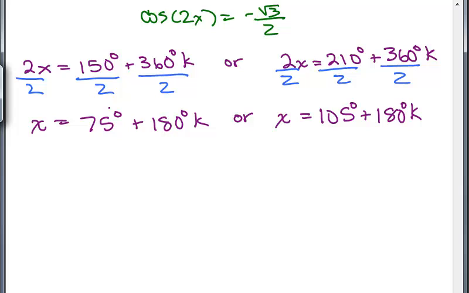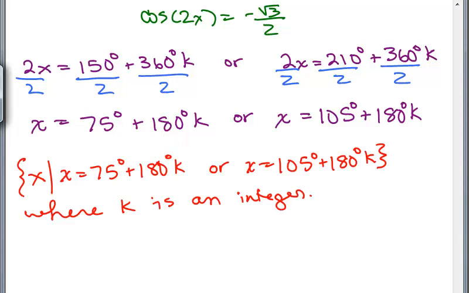Now it's important that you don't divide by 2 until after you've written this plus 360 degrees k. It's not going to be 75 degrees plus 360 degrees k. You first have to put the first solution, 2x equals 150 degrees plus 360 degrees k, before you divide by 2. So these are the full solutions right here. And this is how we would write our final answer: x such that x equals 75 degrees plus 180 degrees k, or x equals 105 degrees plus 180 degrees k.